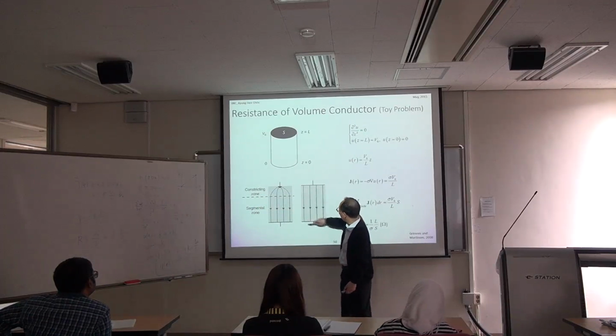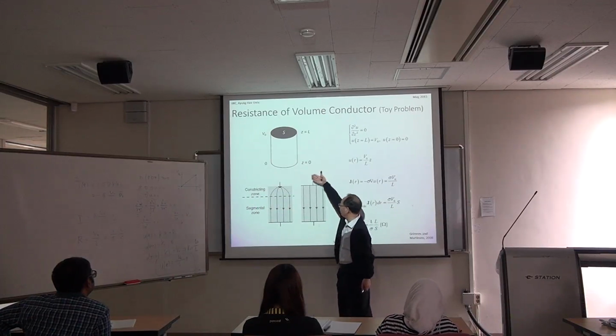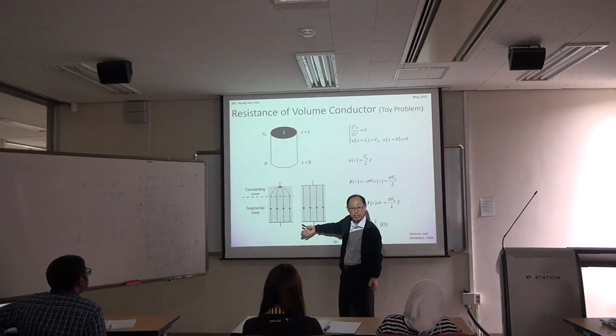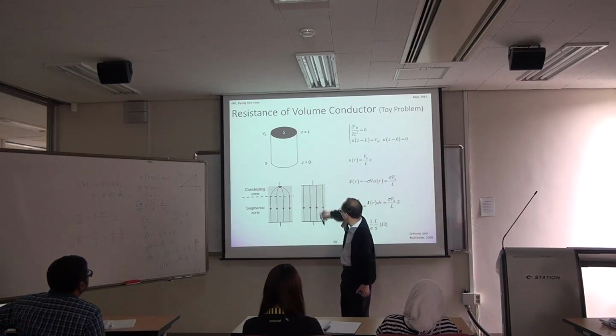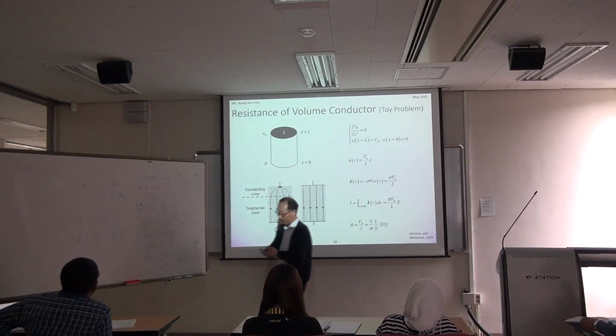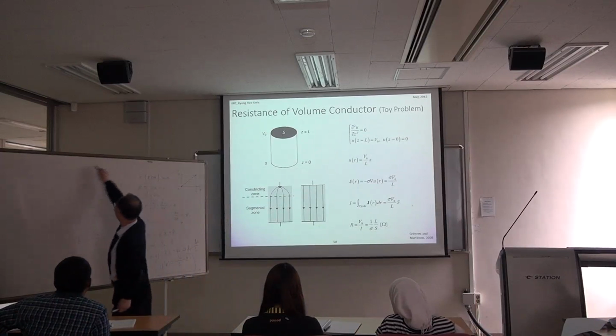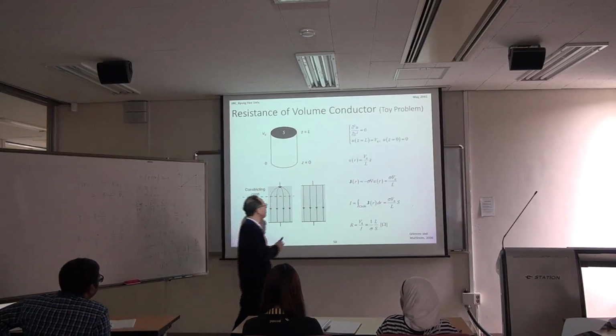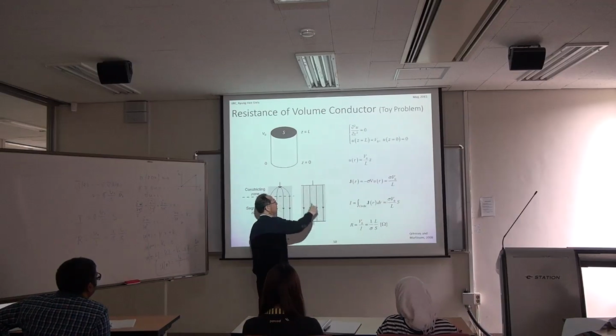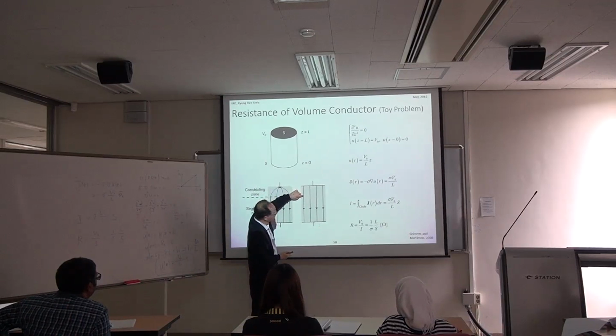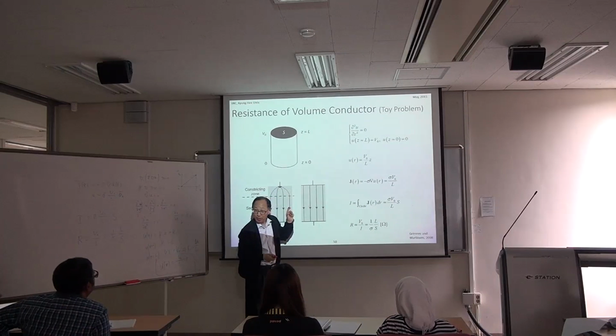Let's say this is that segment, and we are looking at the cross section, and current density is uniform everywhere, as you derived here. Current density is uniform everywhere along this direction. So the current density vector at this point, this point, this point, everywhere, is the same.